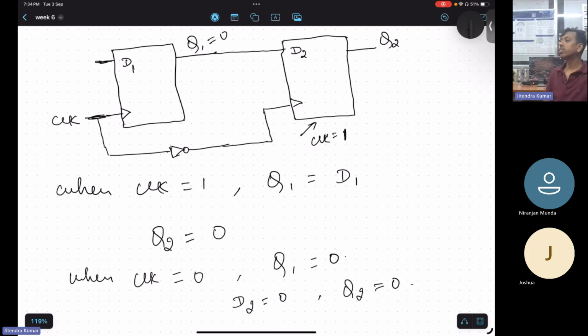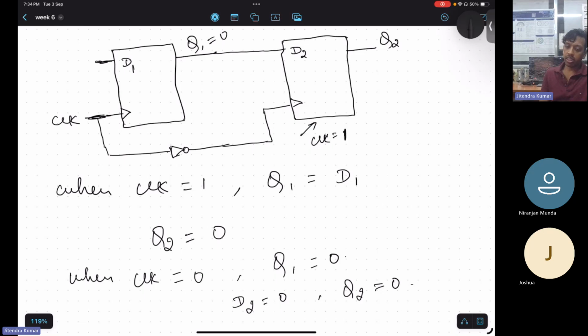So in both the cases Q2 is 0, okay. So is there any point of using such kind of flip-flops? In all the cases, if you are going to get output as 0, then there is no point of using such a flip-flop. It means we have done something wrong, or we have to modify this flip-flop, right?